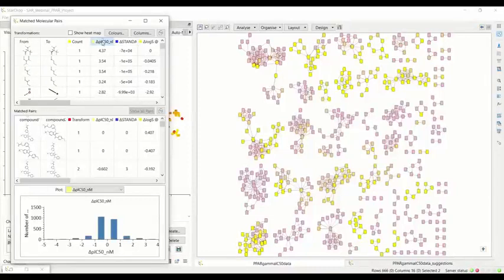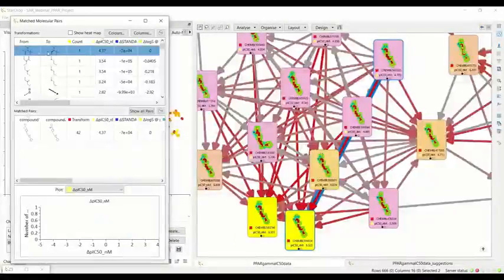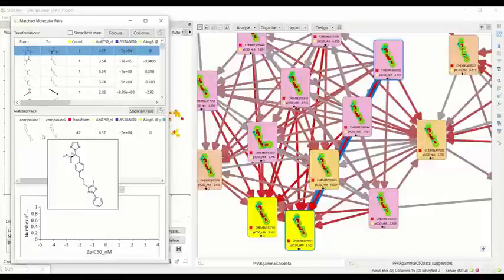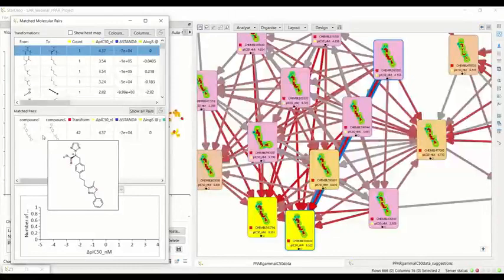I can click on any of the columns that are here, and this is the change in pIC50, and selection of any of those links will actually take me to the cards, and we can see that in this particular case, we have a huge change, 4 orders of magnitude change, that comes from a simple epimeric shift.